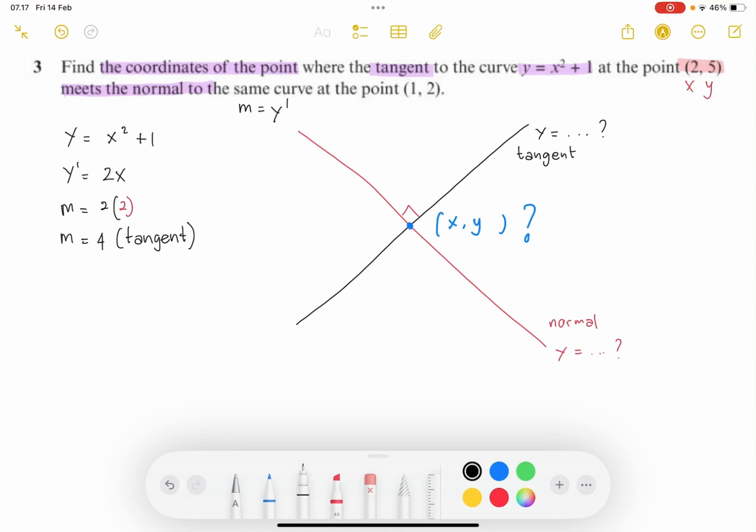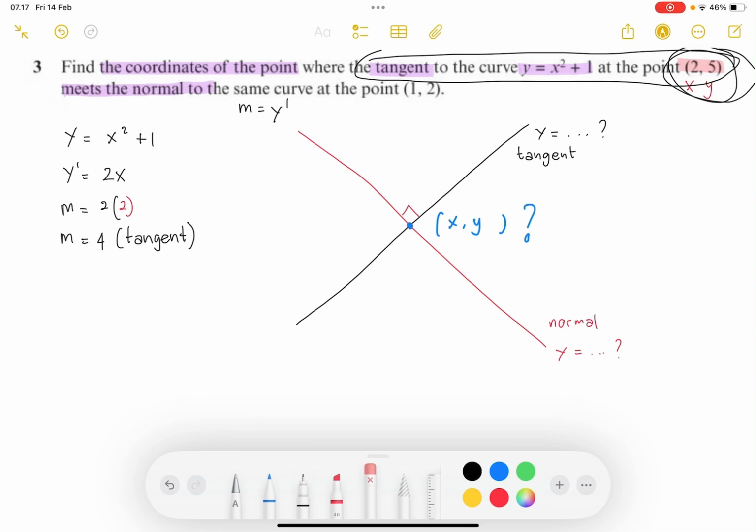Now, let's look back at the question. The tangent meets the curve at this specific point. So how can we find the equation of the tangent? Use this specific point, (2, 5).